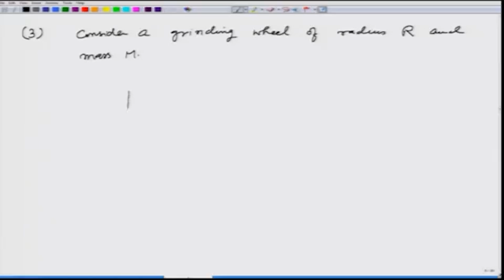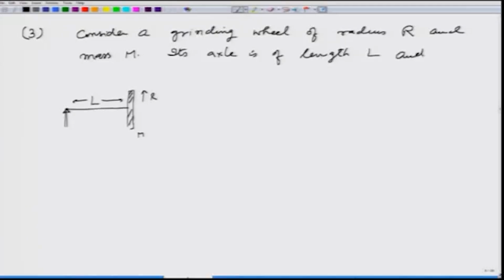So, we will take a wheel of radius r and mass m. Its axle is of length L. So, let us take this length L and it is pivoted at one end.